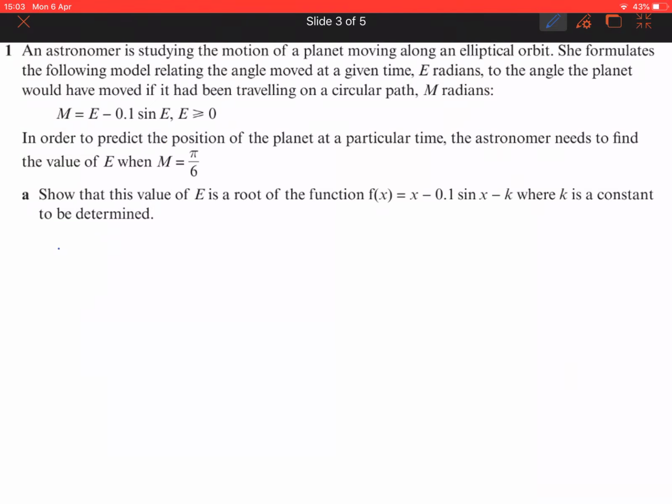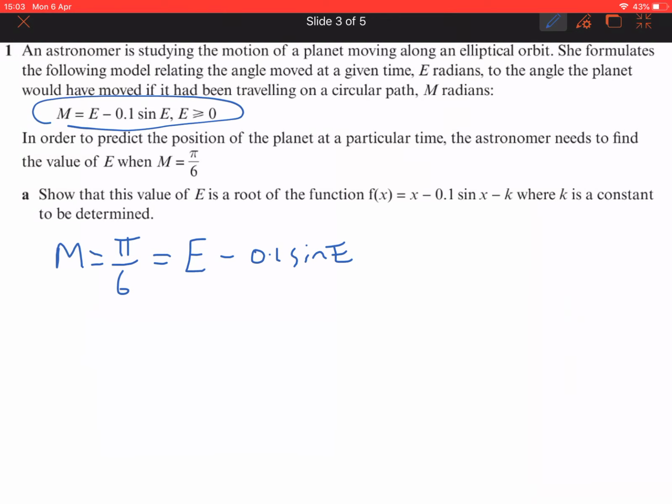So if M is pi by 6, we could simply substitute that into the equation. M is E take 0.1 sine E. Now, in order for it to be a root, we need some function evaluated at E equaling 0. So you can see that we've got a function here. If I make 0 the left-hand side by rearranging it, E take 0.1 sine E, take pi by 6.